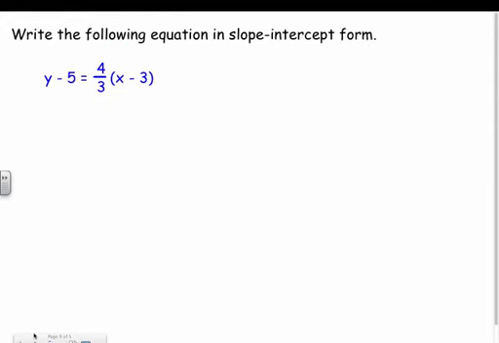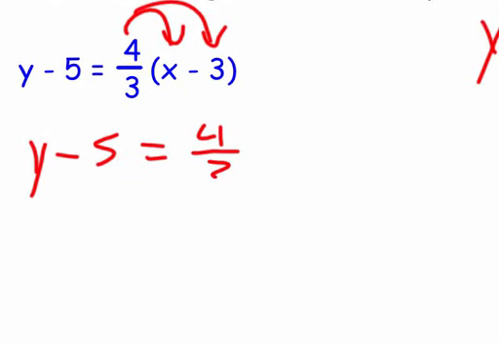Okay, let's do the same thing, except let's get it in slope-intercept form. So now I want to get it in y equals mx plus b form. So I start the same way. I simplify, so I've got to distribute. So we're going to multiply by 4/3. So 4/3 x minus, well, 4/3 times 3. And that's really 3 over 1.